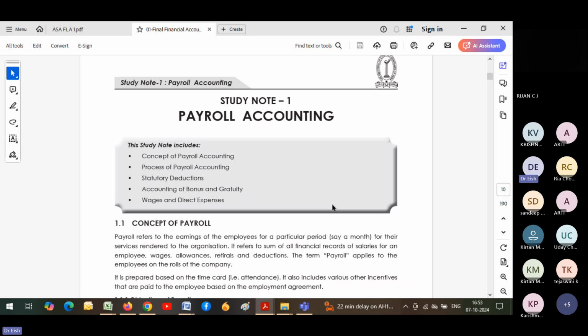The second part is the deductions. Deductions are of 2 types: statutory and non-statutory. For example, you have taken an advance and the company is recovering the advance. That is non-statutory. So deduction of advance is non-statutory, but TDS is a statutory deduction.